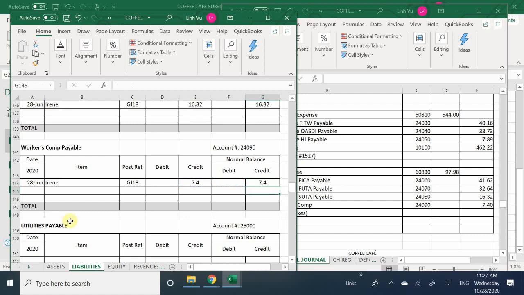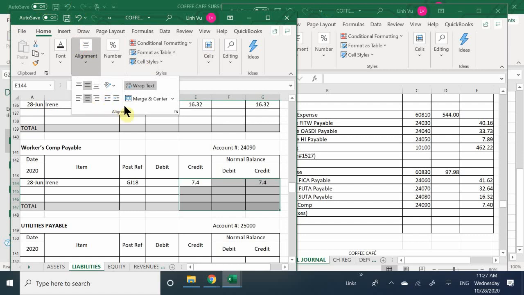Good. Bringing my grand total to be $7.40. All right. Good.